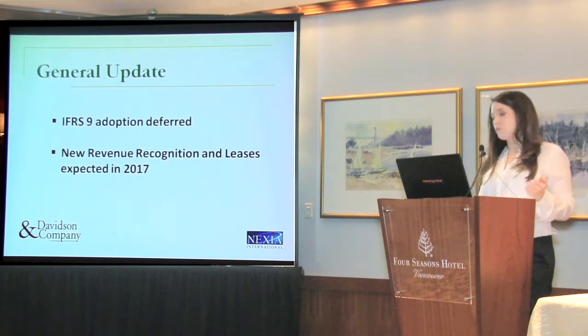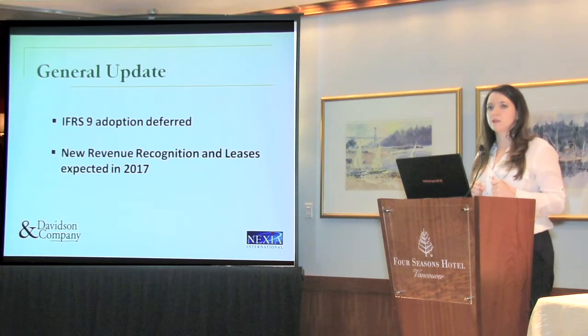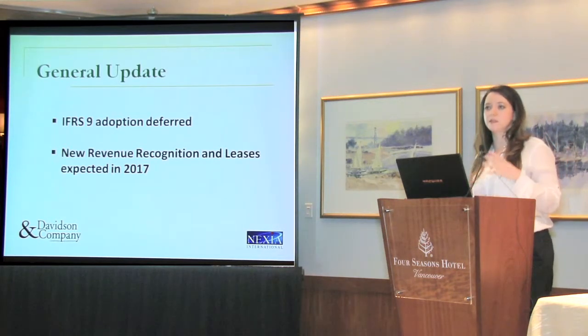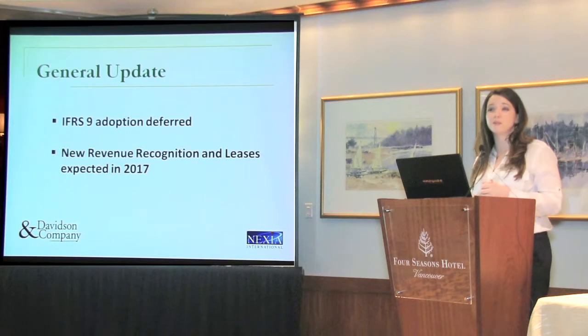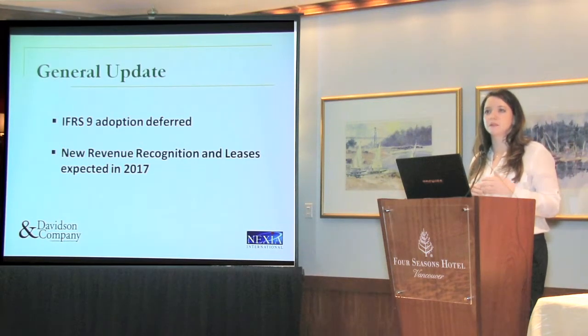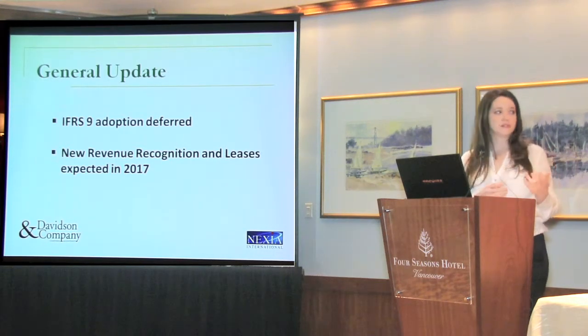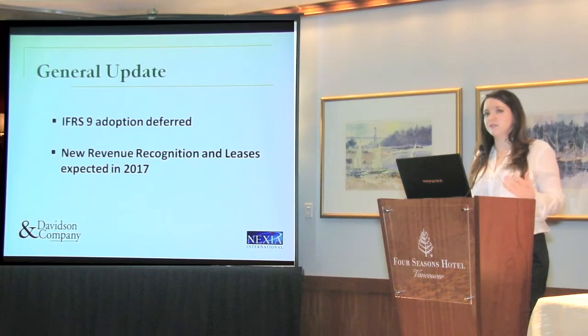So before we wrap up, I just wanted to give a quick general update on some other items, because upcoming standard changes in 2014, there really isn't that many. There's a couple minor additions and tweaks to IFRIC 1 and stripping costs and whatnot, but as Arez was mentioning, if it doesn't pertain to your actual organization, it's not really relevant to disclose.